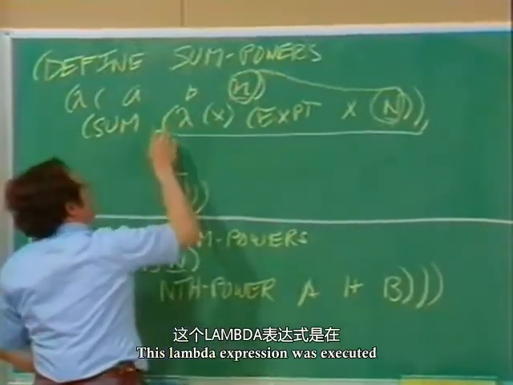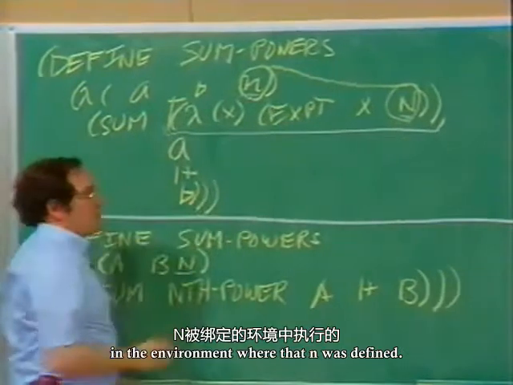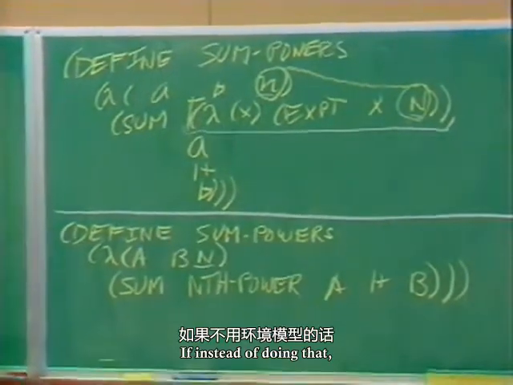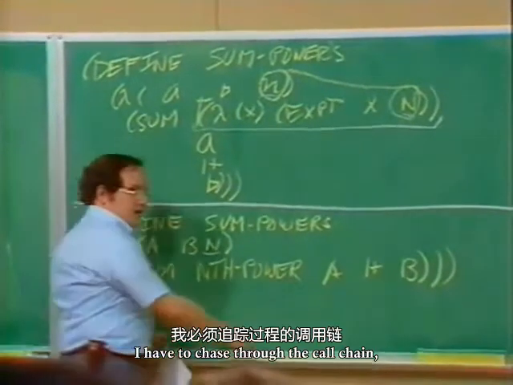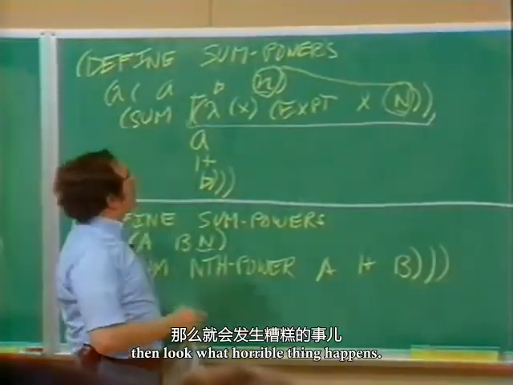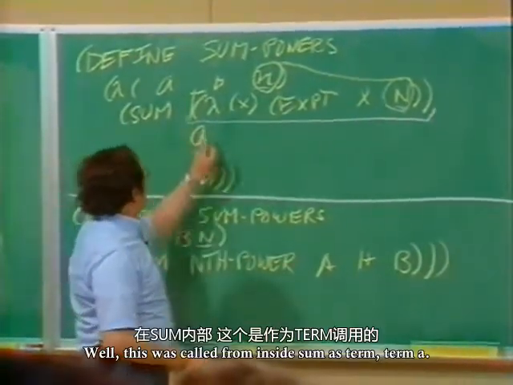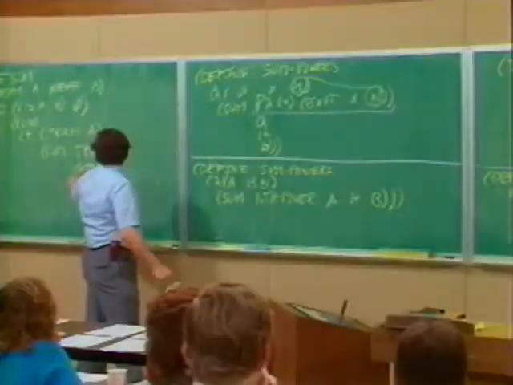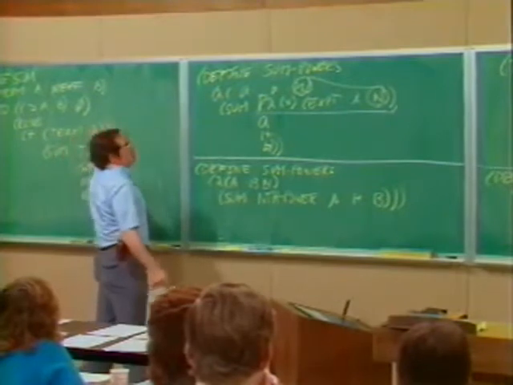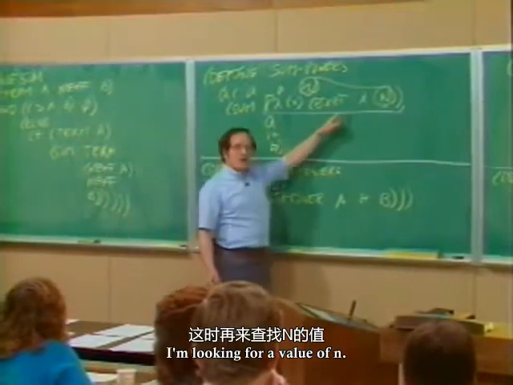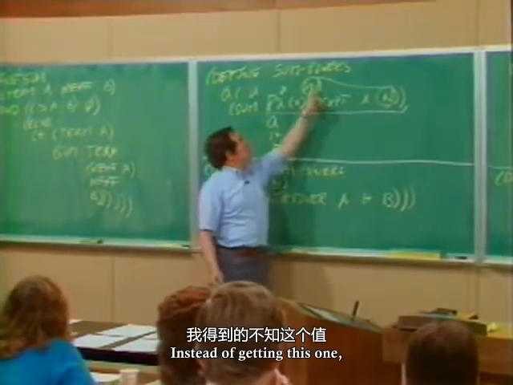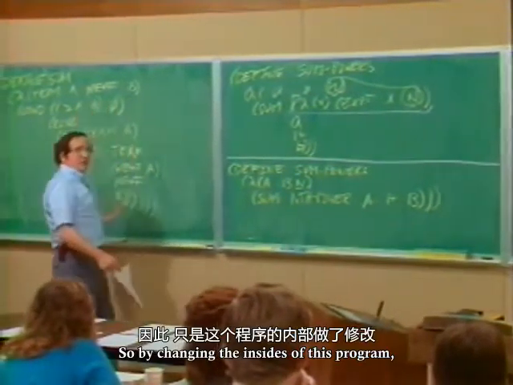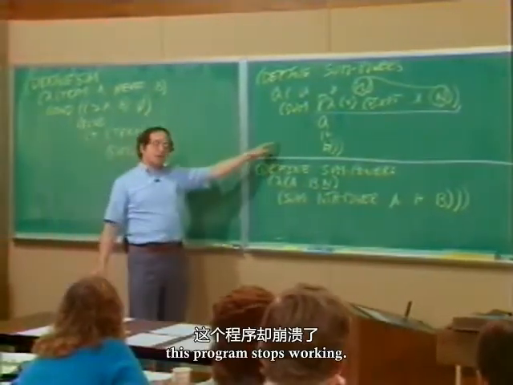This lambda expression was executed in the environment where that n was defined. Okay? If instead of doing that, I have to chase through the call chain, then look what horrible thing happens. Well, this was called from inside sum as term A. Okay? I'm looking for a value of n. Instead of getting this one, I get that one. So by changing the insides of this program, it stops working.